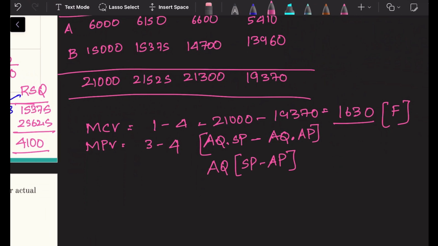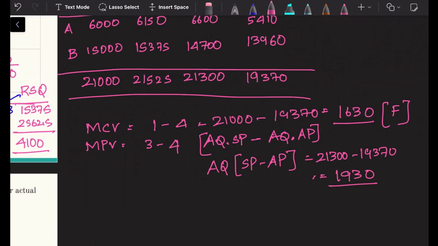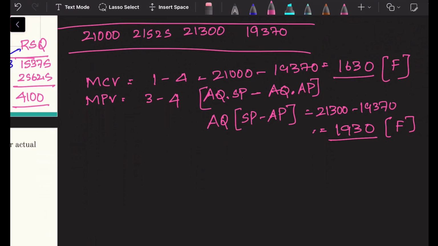It is giving me the same result. So this will be 21,300 minus 19,370. So this is 1930. Since this is positive, this is also favorable.